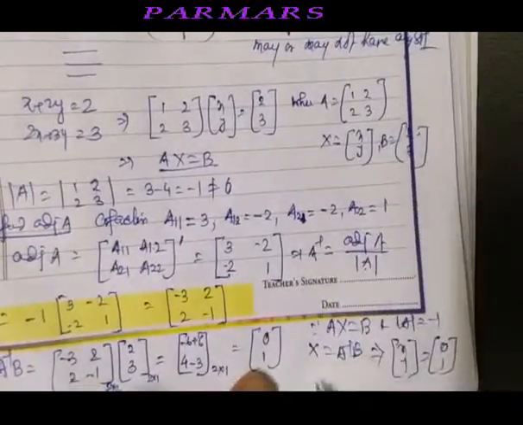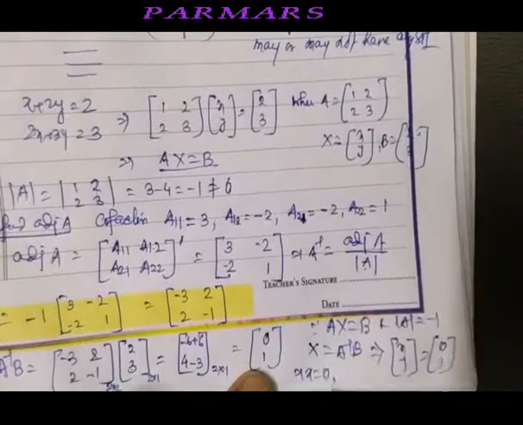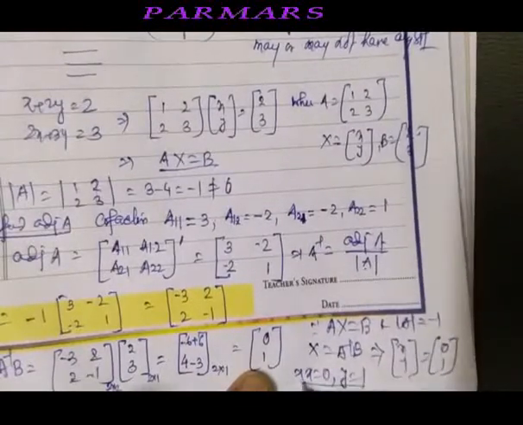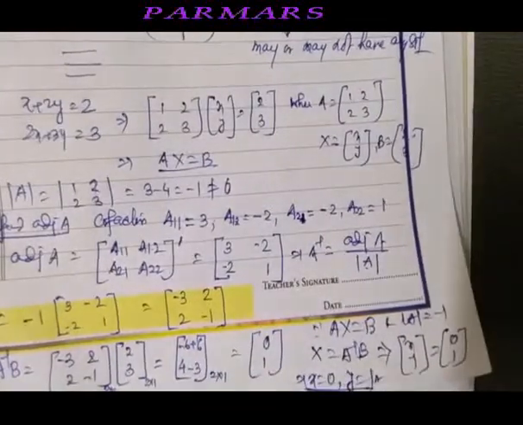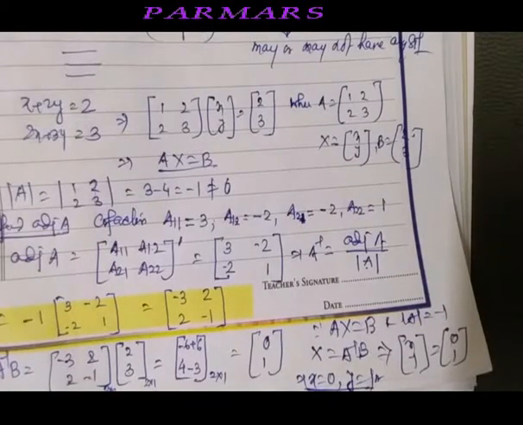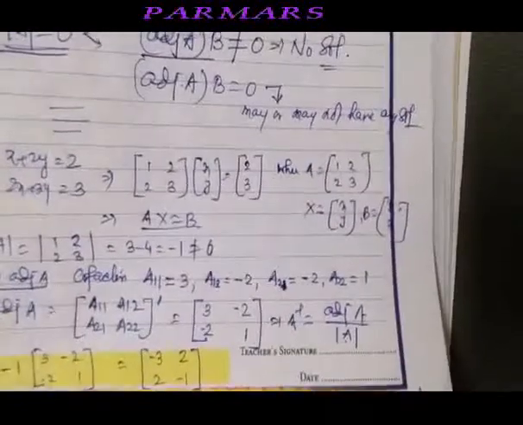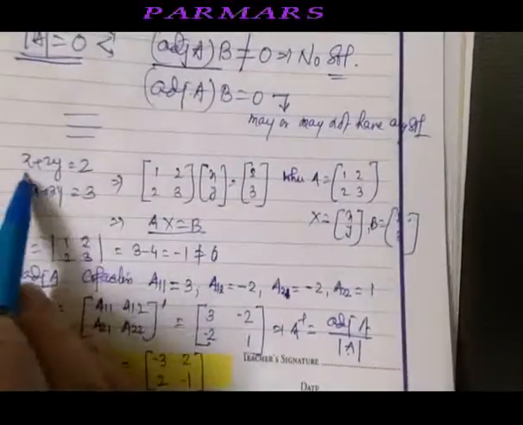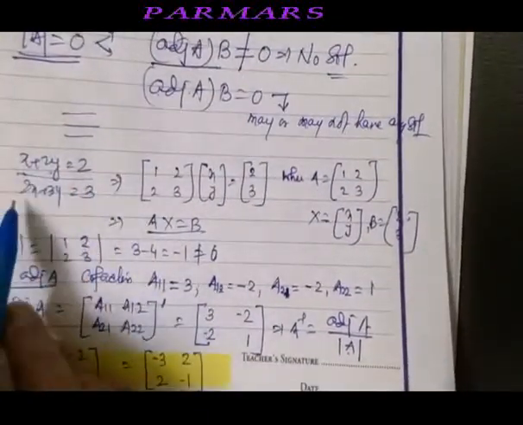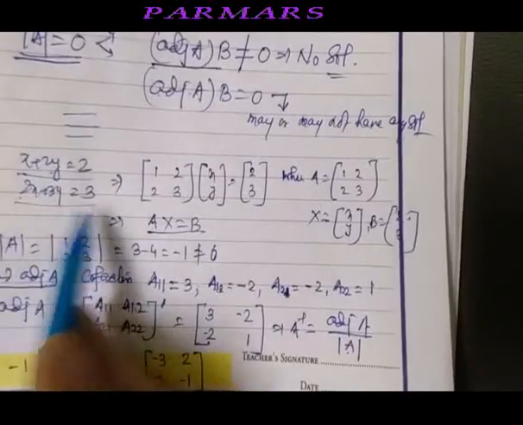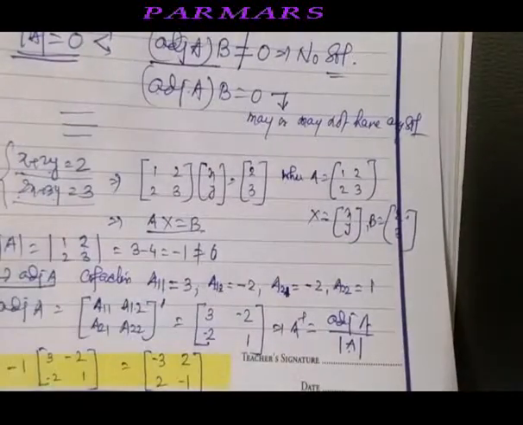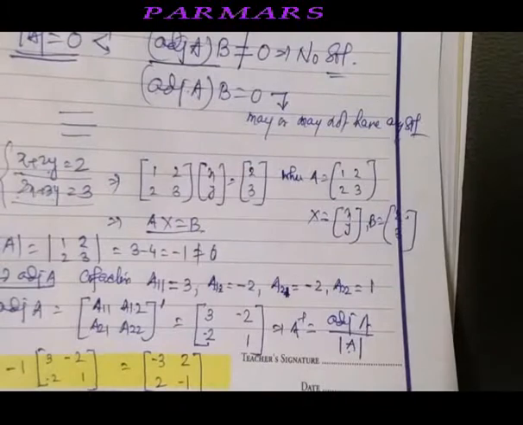So comparing these two, we get x की value 0 and y is 1. So this is the solution of the question. x is 0 and y is 1. चूंकि ये दो variable का है, बहुत आसानी से 0 1 रखेंगे, satisfy हो रहा है. So it has unique solution. Is it clear or not? I think must be clear.